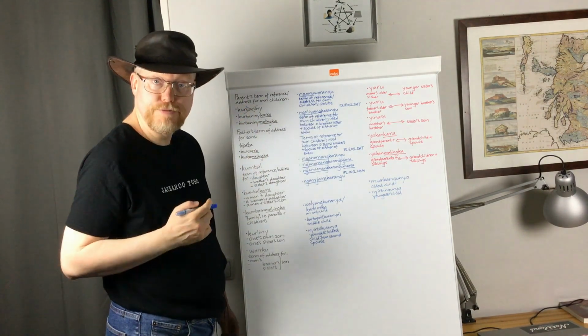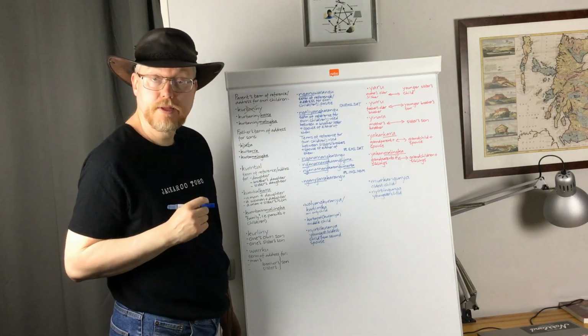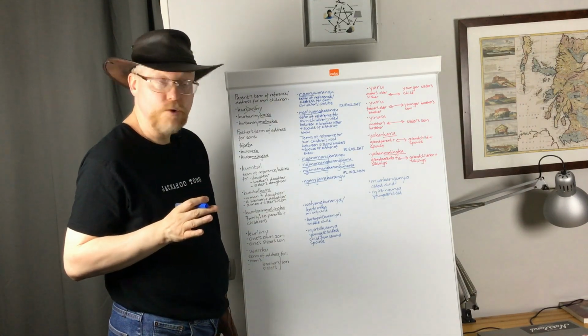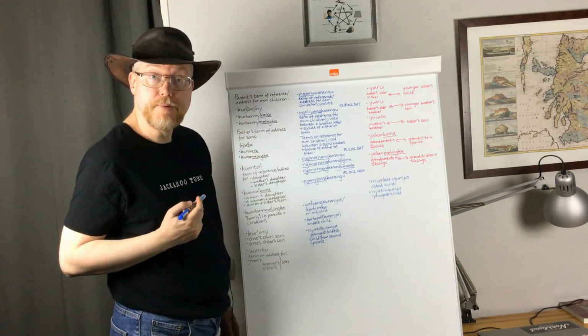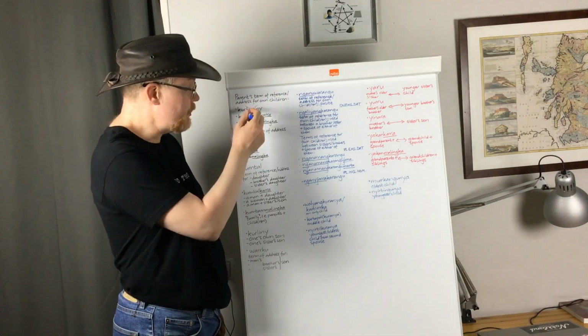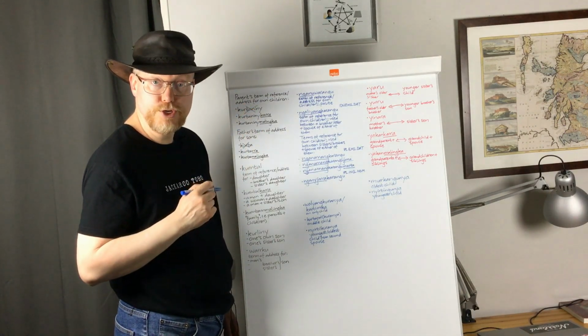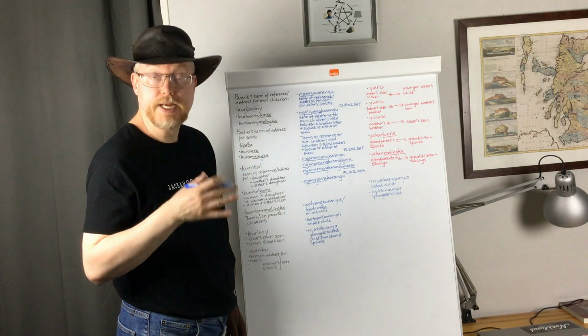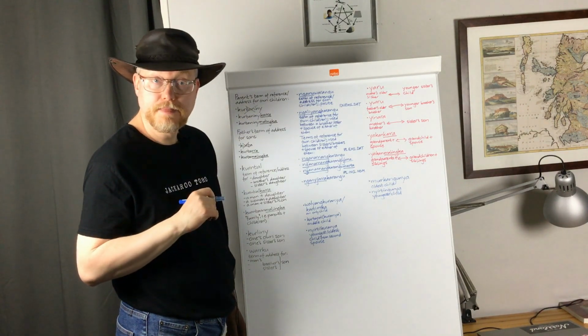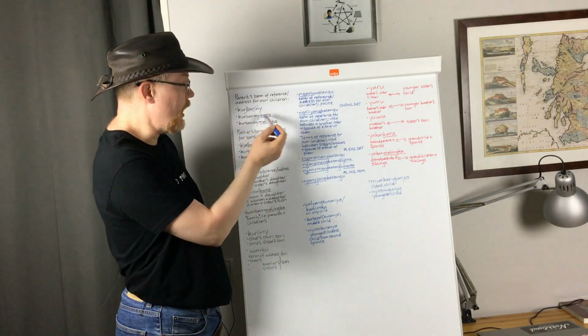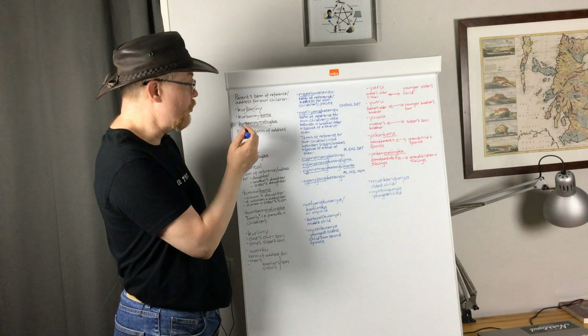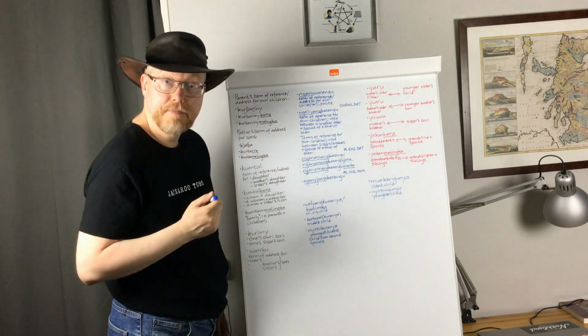Corresponding singular forms do not exist. Why not? Well, there was no need for the singular forms because instead of a singular form, people would use the child's name. But we have in the dual Ngara and in the plural Malinga.